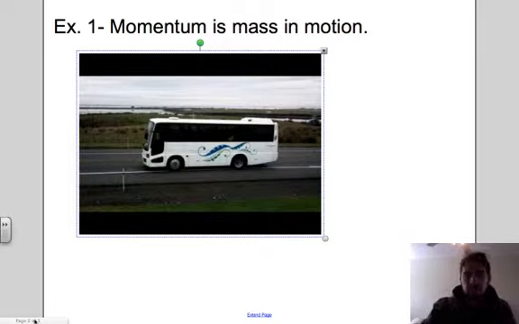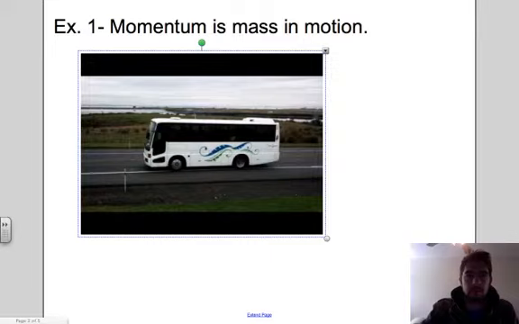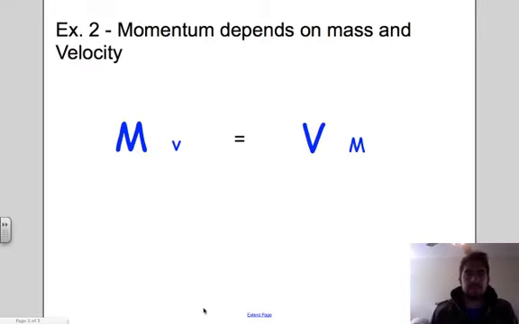So let's continue on to example number 2. Momentum depends on mass and velocity. Imagine two objects of different masses traveling at different velocities.